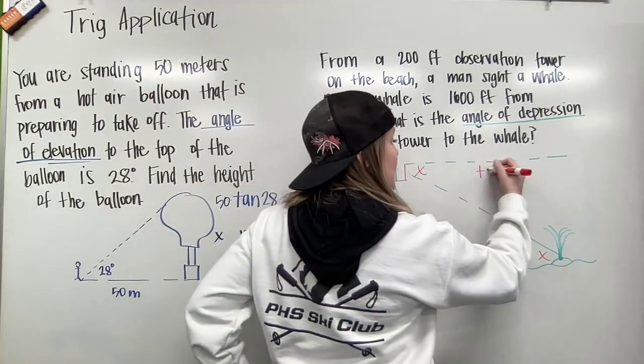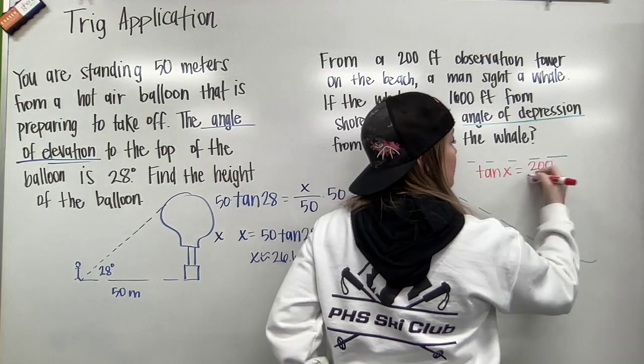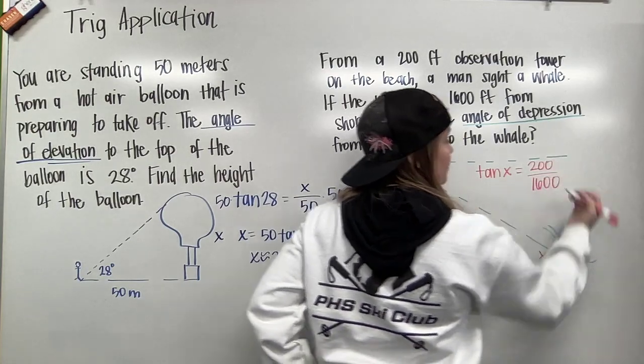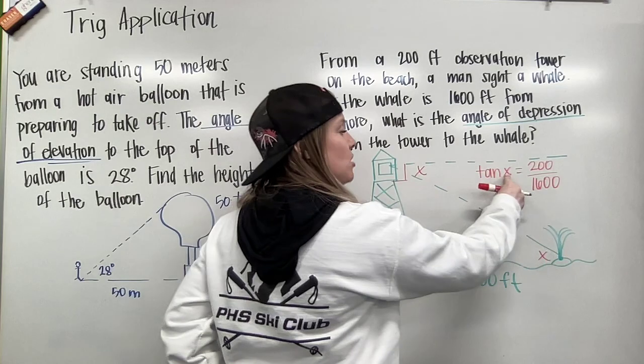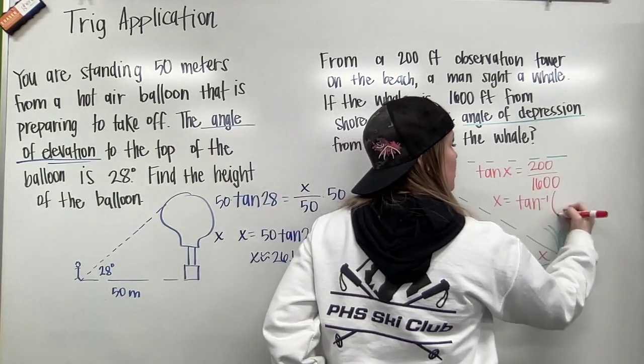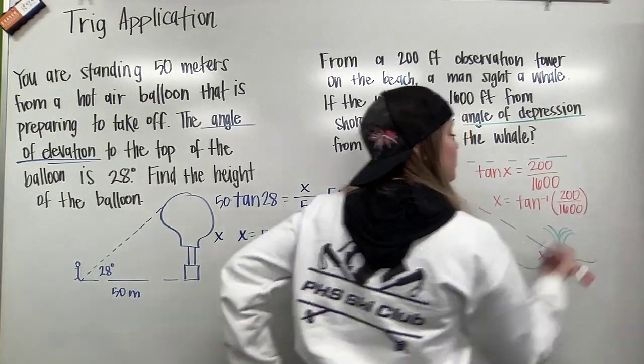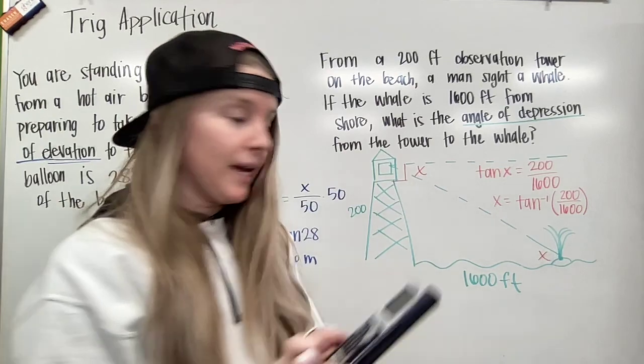So this is the tangent of x equals 200 over 1600. And we're going to solve for x, so we're going to go ahead and use our tangent inverse of the 200 over 1,600. And this is where we're going to plug it into our calculator.